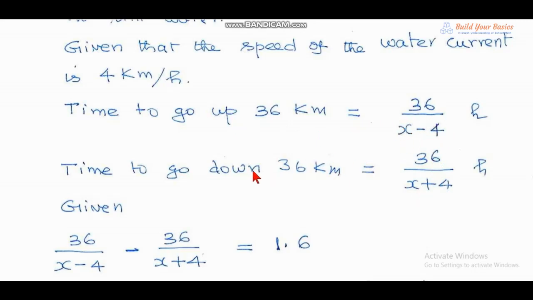Here going down, so the speed will be more. Since x minus 4 is less, denominator less, so the time to go up will be more. X plus 4 is more than x minus 4, so the time to go down will be lesser.